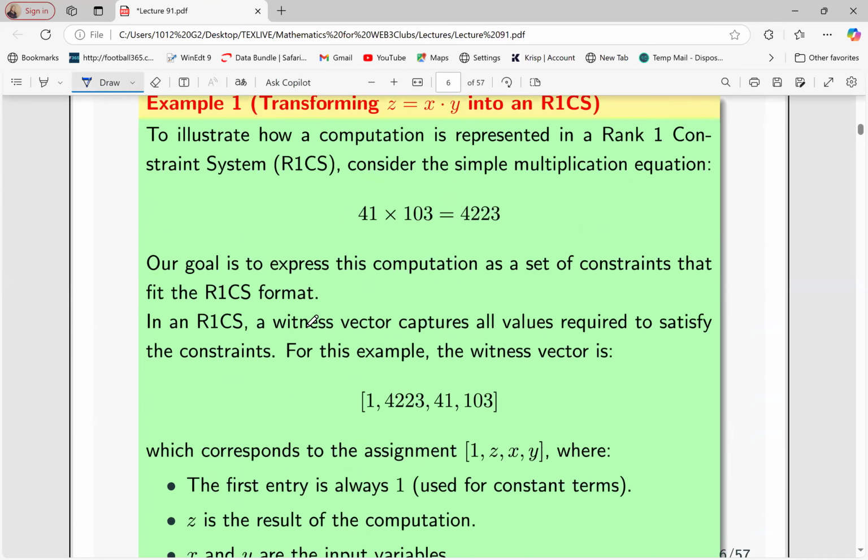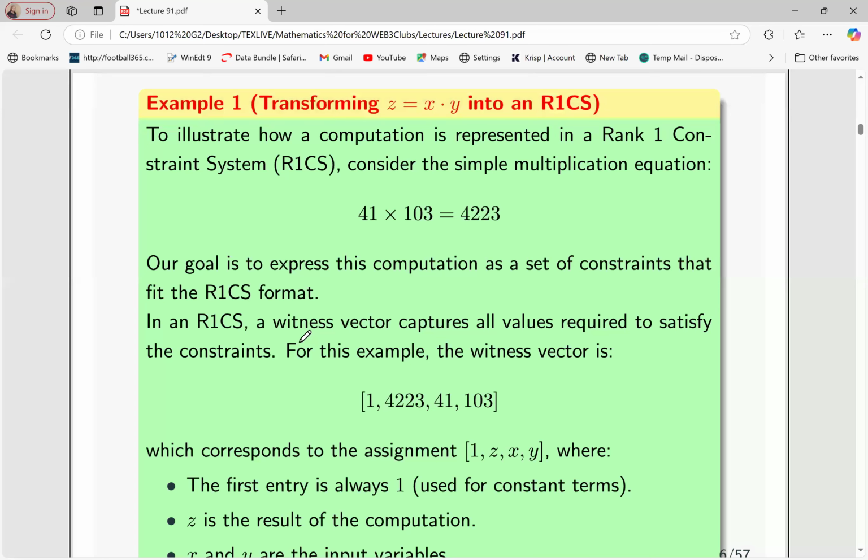I'm just using this example to show how our matrices will be working. This is what we are looking at. Our Z in this case is that, our X and our Y. And so this is our A, our witness.